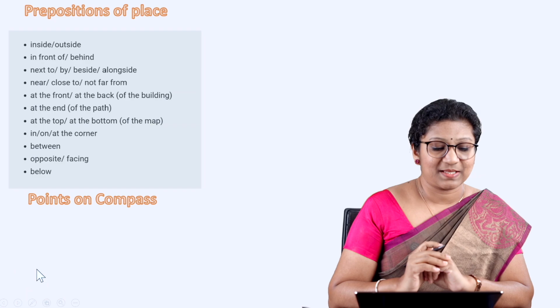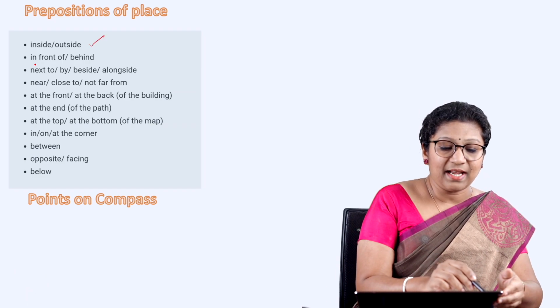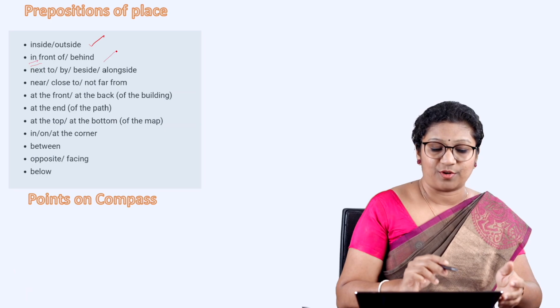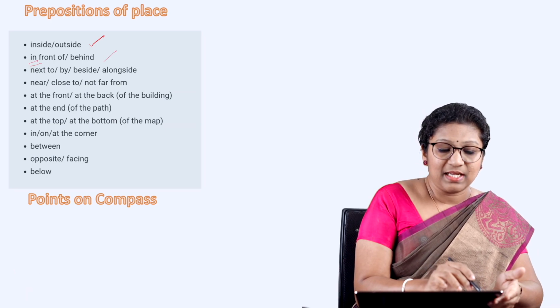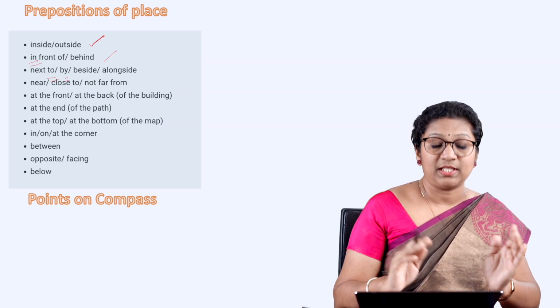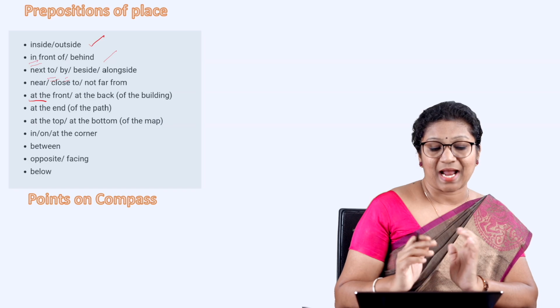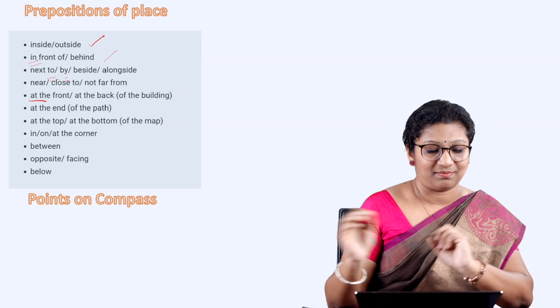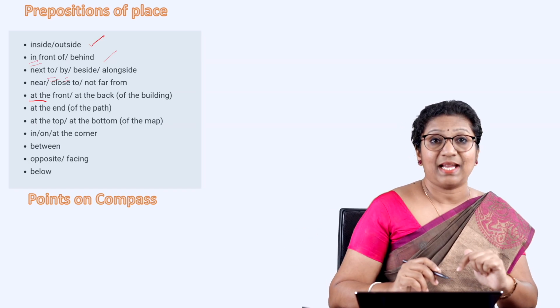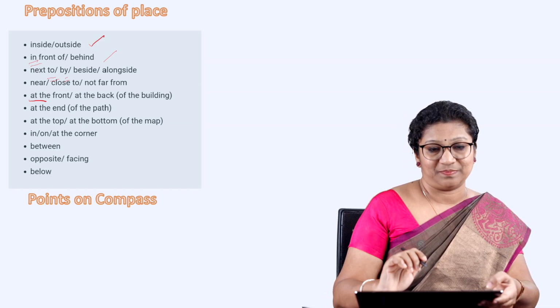What are these words? Inside and outside, we have in front of or behind, next to, by, beside, alongside, near, close to, at the front or at the back of the building. For example, at the end of the path or at the end of the junction.